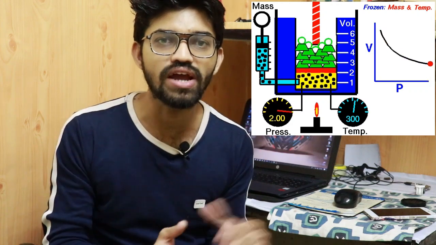As the pressure increases, the volume reduces, keeping the temperature constant. So you will get a graph like this: as the pressure increases, your volume decreases, and as the volume increases, the pressure decreases. So guys, this is the simple Boyle's law.